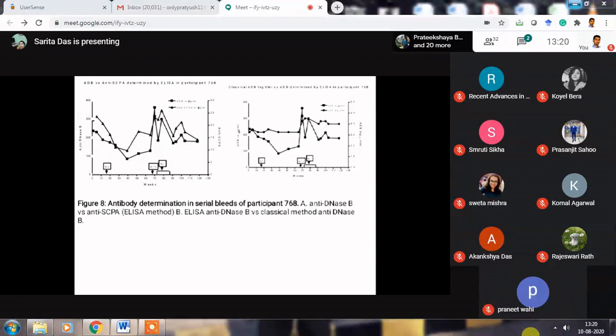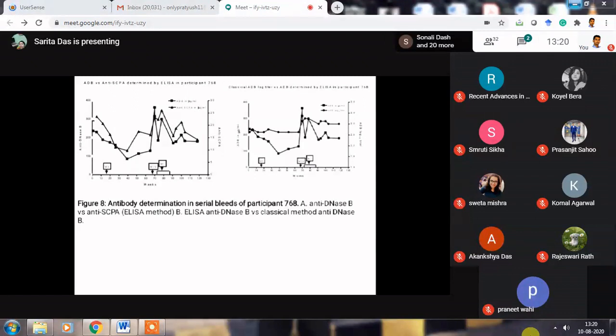But the conventional method, the second picture, is comparing the anti-DNase B estimated through ELISA and through the conventional method. In the conventional micro method, we can see it is much flatter.